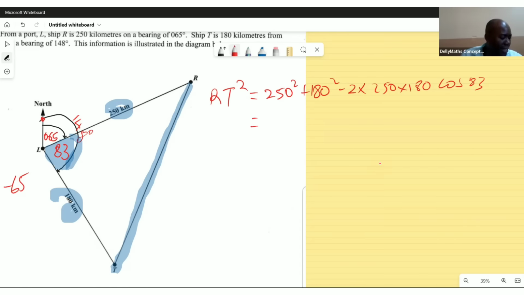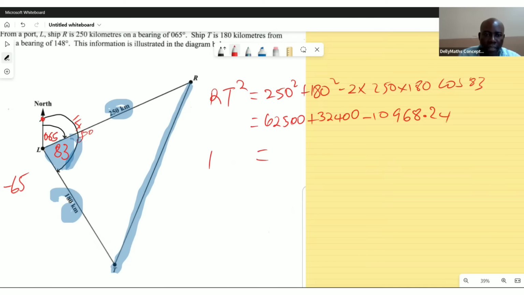Now let's carry out our calculations. 250 squared is going to give us 62,500. And 180 squared is going to give us 32,400. And then minus 2 times 250 times 180 times the cosine of 83 will give us minus 10,968.24.